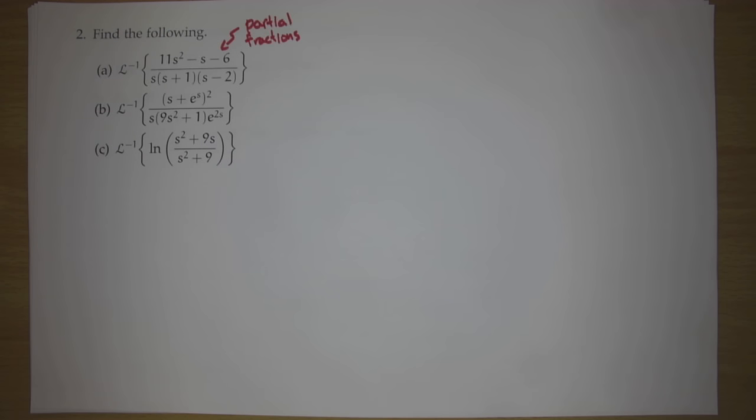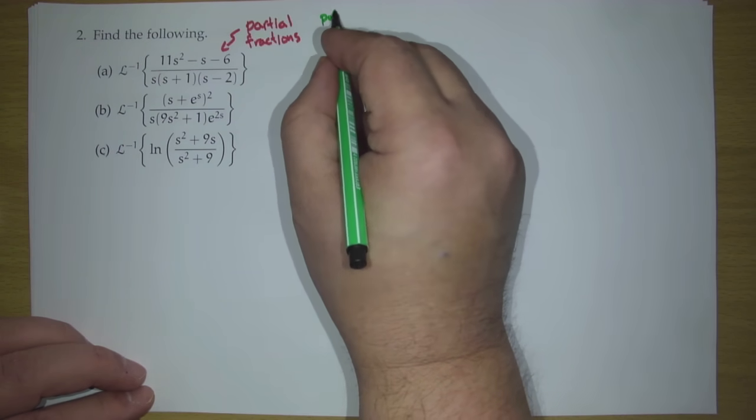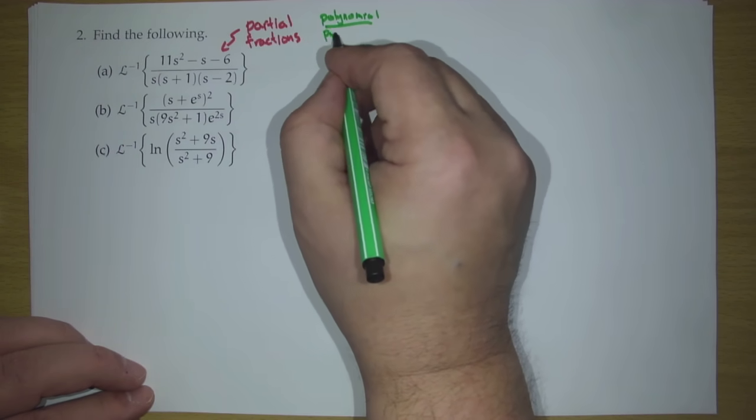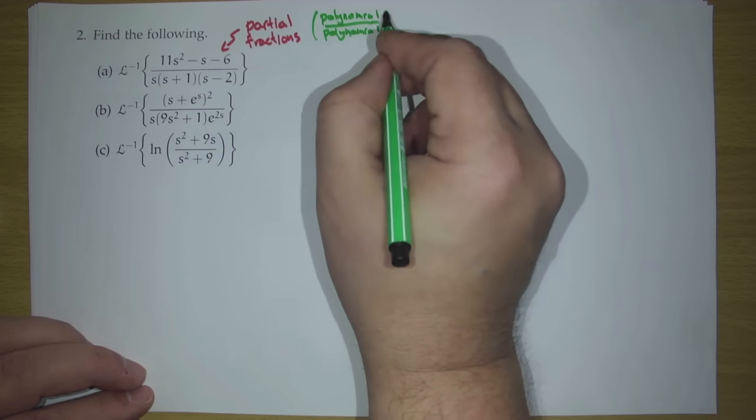So at some point, not all the time, but be ready. So know how partial fractions work. And in particular, remember, for partial fractions you have to have polynomial over polynomial. If you don't have polynomial over polynomial, then you need to do something to make it look like that.